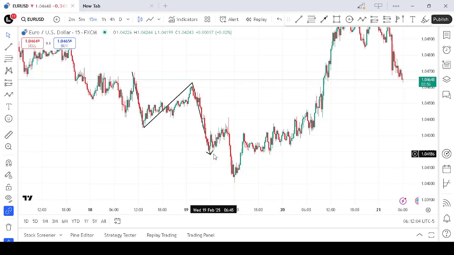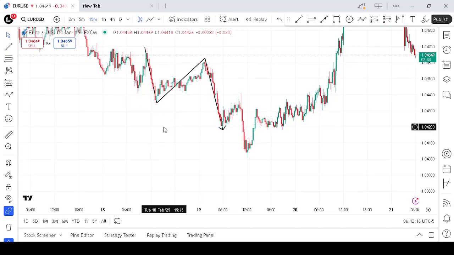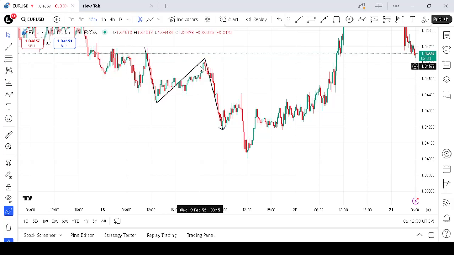Remember, the ABC pattern is not just about connecting three random points on your chart. Each point serves a specific purpose in telling you the market story. Point A shows you where a significant move began, while point B reveals how much the market is willing to pull back, and point C gives you the crucial entry opportunity.